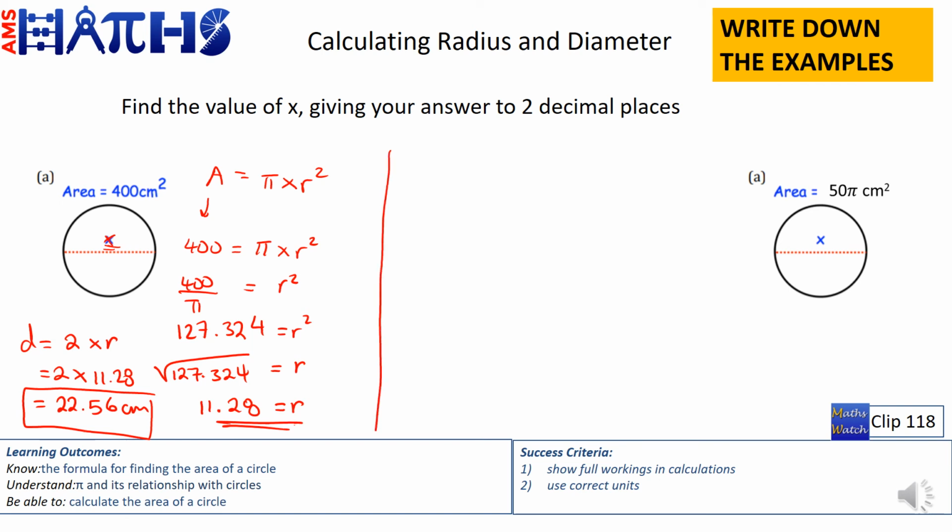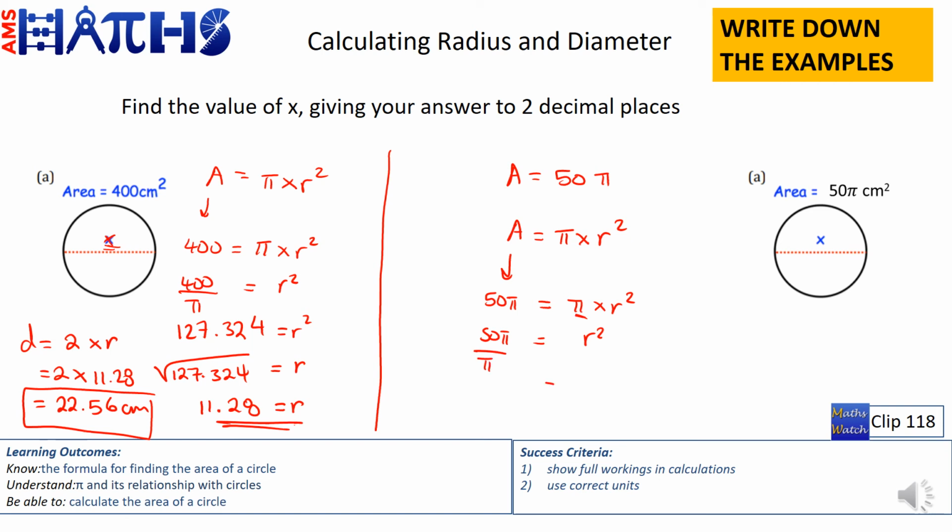Let's do it for the next problem. So we'll get area is equal to 50 pi in our question. So we're going to use our formula, area equal to pi times radius squared. So we're going to put 50 pi in, and then pi times radius squared. To get the radius squared, we're going to divide 50 pi by the pi that's there.